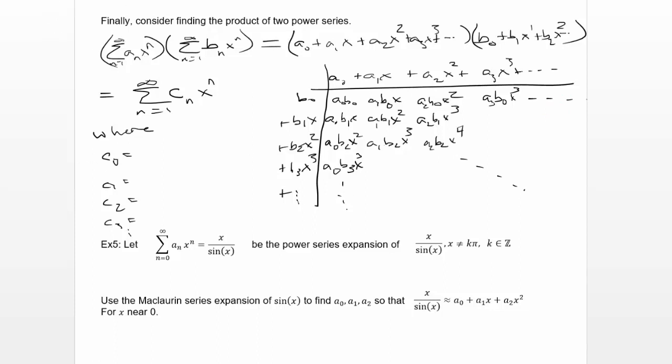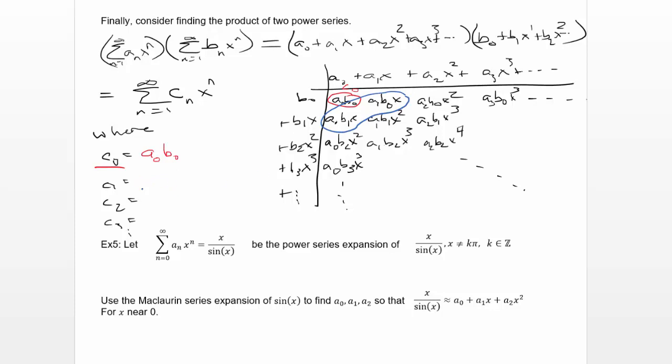What are these c's? Well, c0 is the coefficient in front of the constant term. What's the constant term? It's just here. This is c0. What is the coefficient in front of the x to the first power? It's the sum of everything that has an x to the first power in it, and it looks like it's these terms.